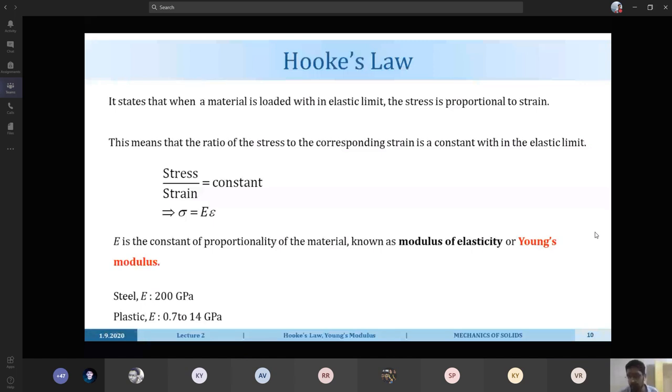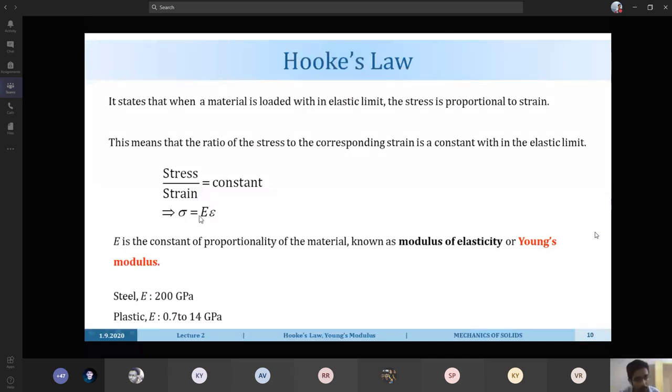I say elastic limit because beyond it the curve is not linear or proportional. We define this constant as the modulus of elasticity, known as Young's modulus.